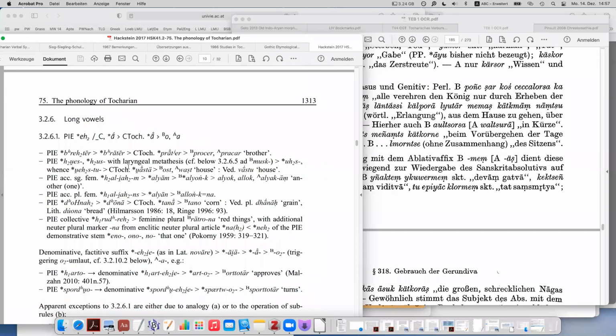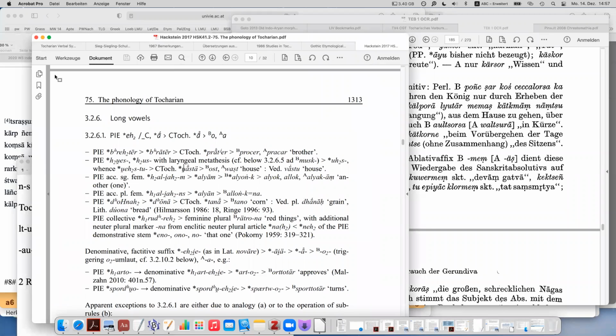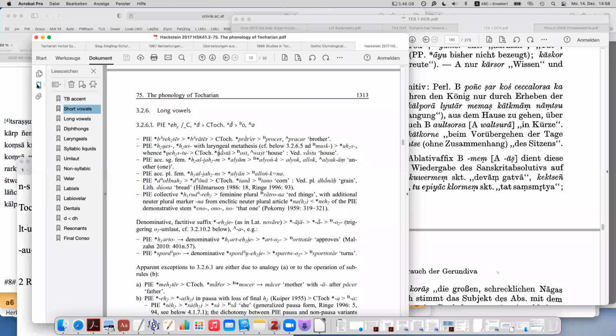I think we mentioned some of the sound changes earlier, like the long vowel becomes O in B, and in Tocharian A it's R. So the word brother is called procher in B, but prachar in A. Okay.